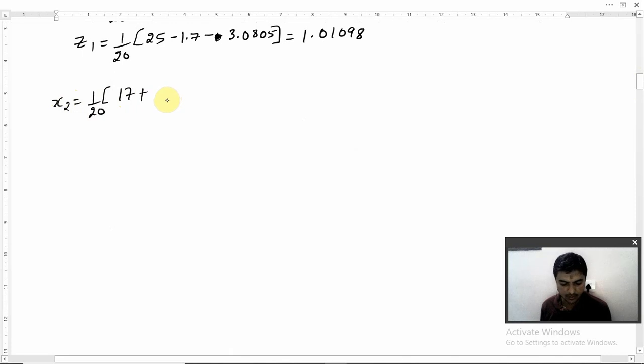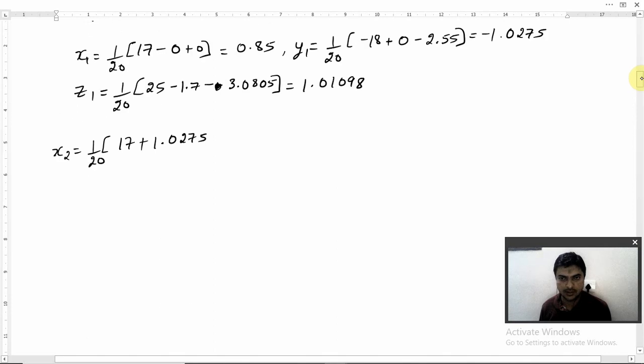Y is negative, so minus into minus will become plus 1.0275. Next, plus 2 into z. Z we know is 1.01098, so 2 into this will become 2.02196. Put it in the calculator, students, and easily you are going to get the value as 1.0025.